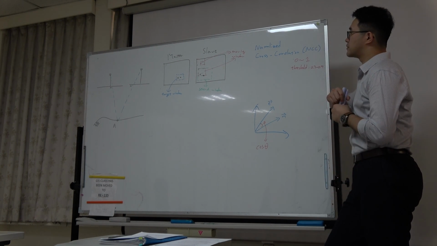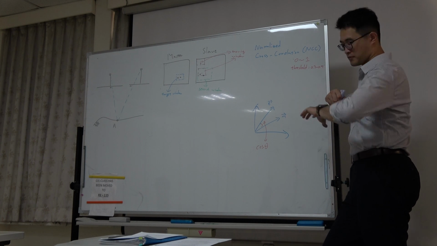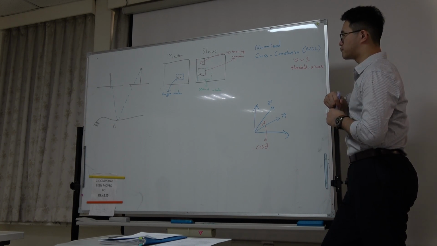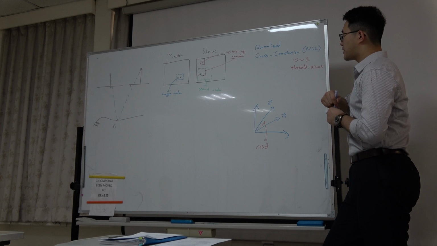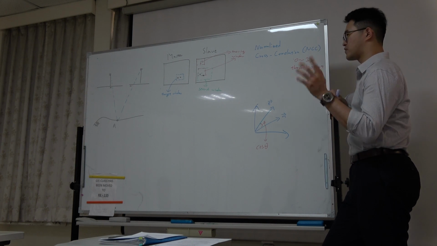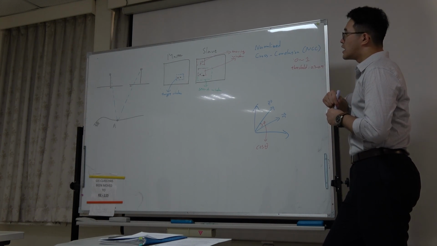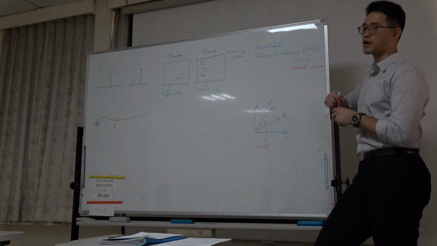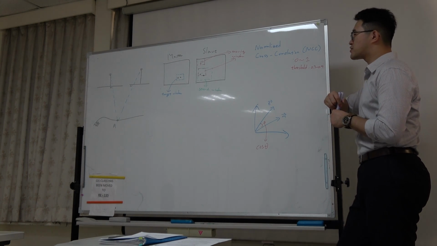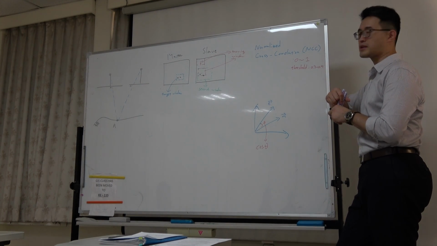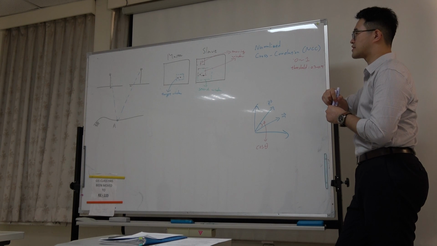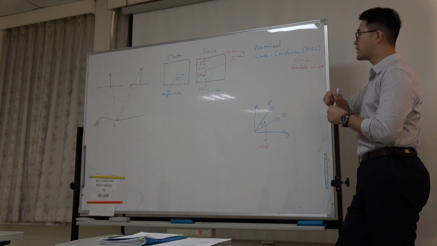Okay, before we move on to other things, let me ask you guys a question, just as a preview. Earlier, when I asked about determining the size of the target window, what are the factors that will affect the size of the target window that you open?